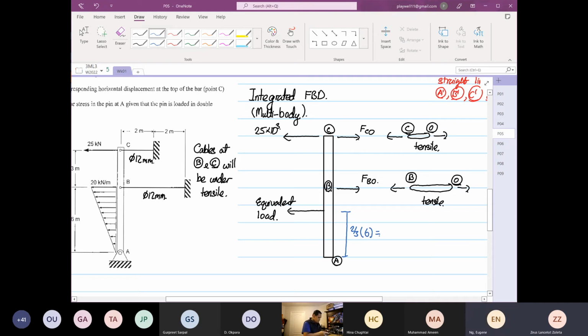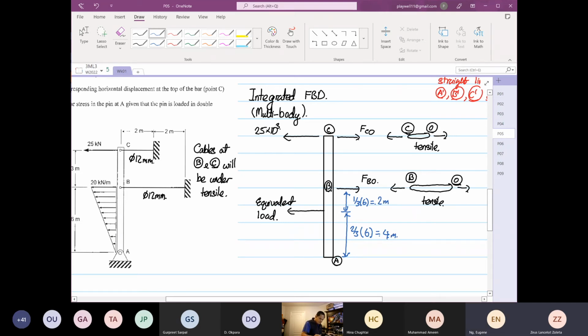So 2/3 times 6 is equal to 4. And the distance from here to here is 1/3 multiplied by 6. So 1/3 times 6 is equal to 2 meters.